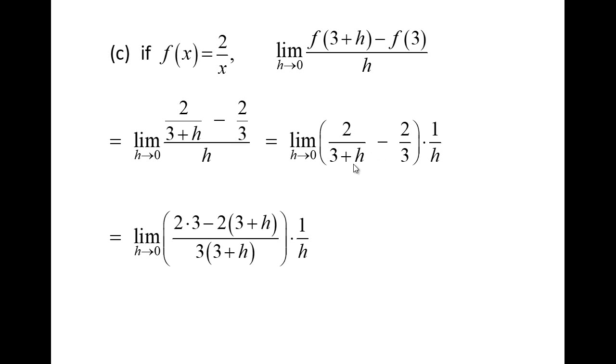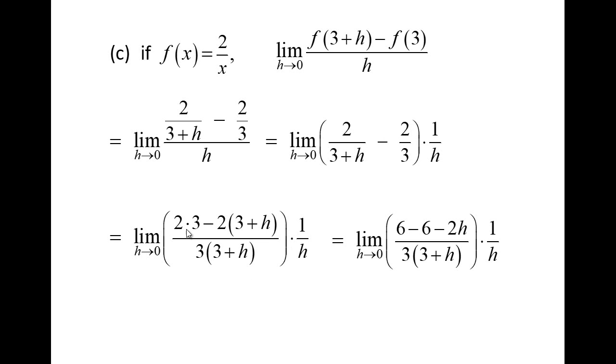So here the common denominator would be 3 times 3 plus h, and then we get 2 times 3 minus 2 times 3 plus h over 3 times 3 plus h. And we have to clean up the numerator here. So we get 6 minus 6 minus 2h. 6 cancels out.